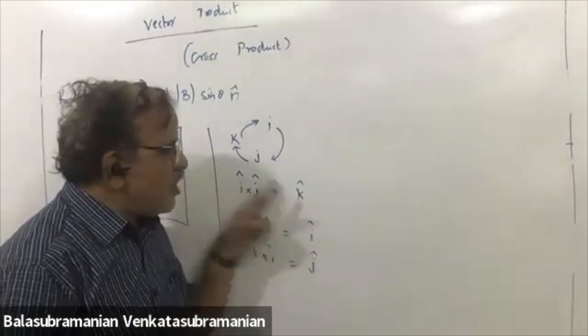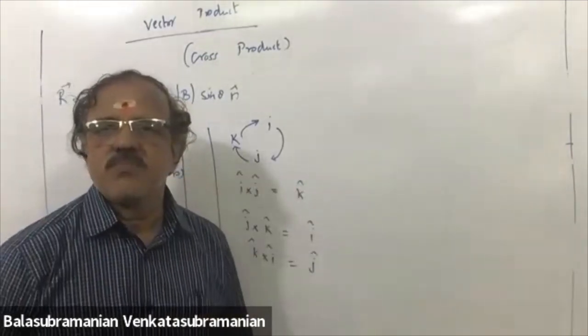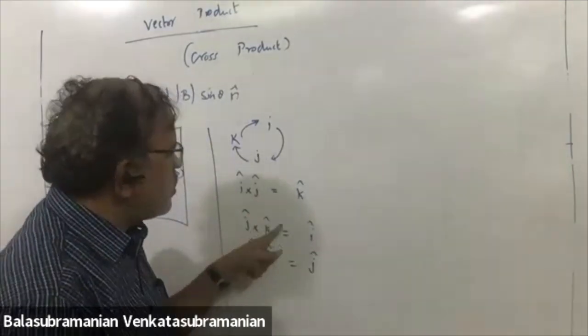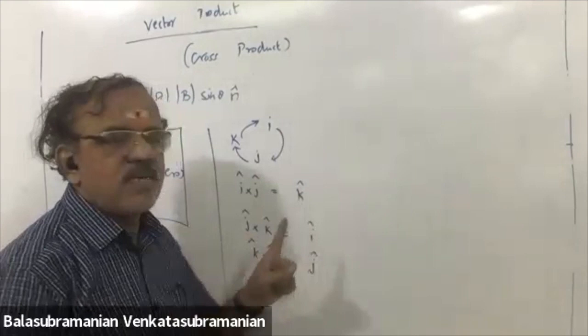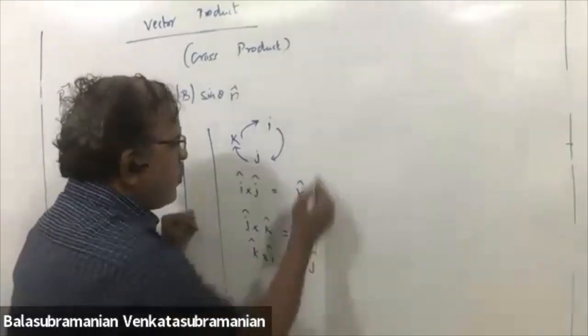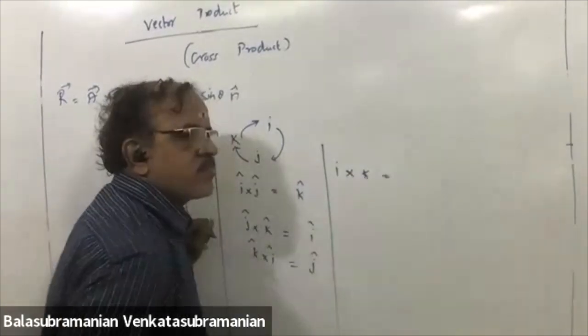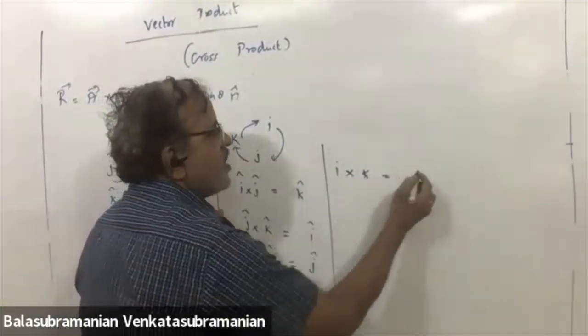What is not there, you write. In order, if you write, the third one will be the resultant. Sir, suppose I have I cross K. What is not there?